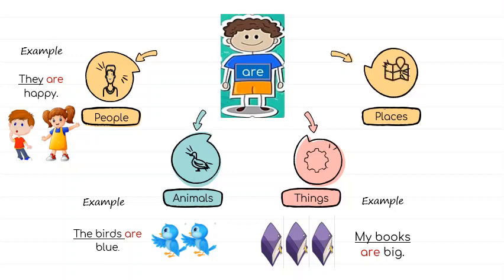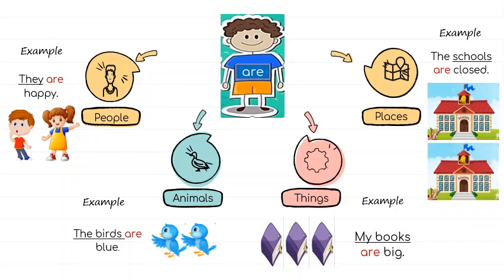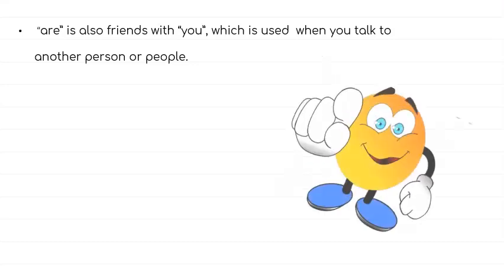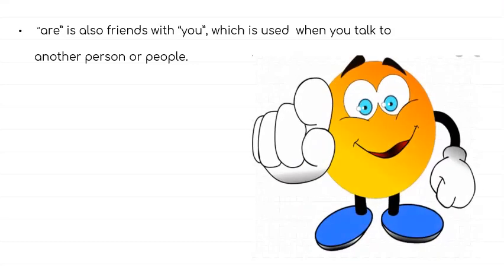And we can use are with places. For example, the schools are closed. Are is also friends with you, which is used when you talk to another person or people.